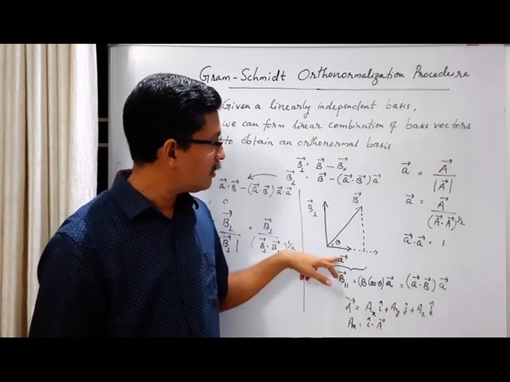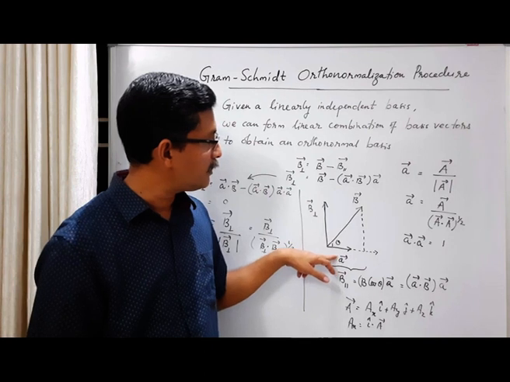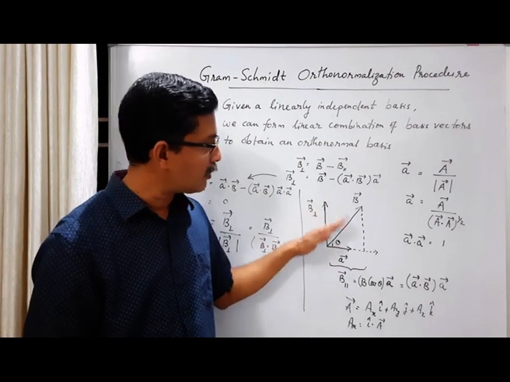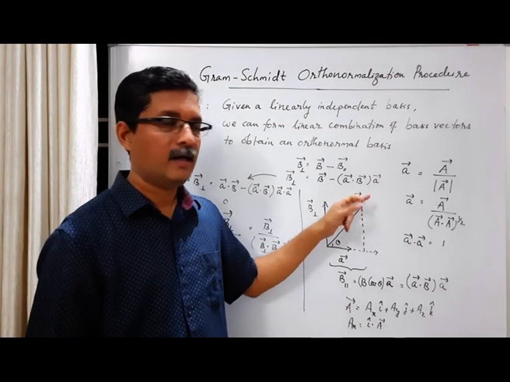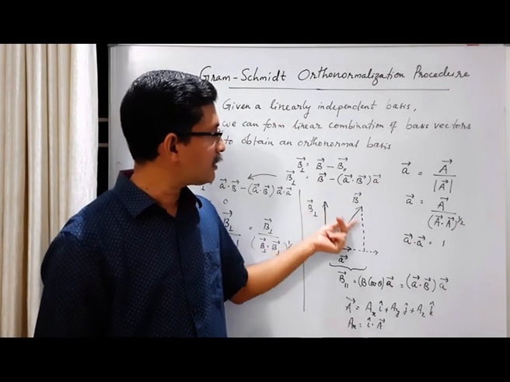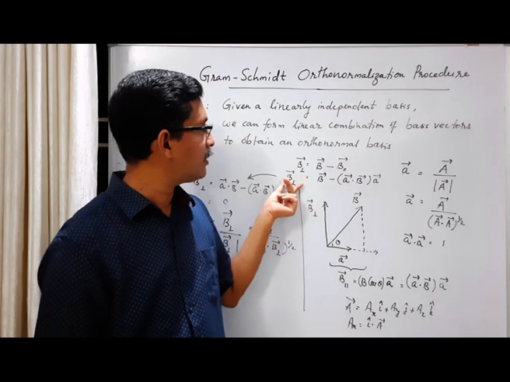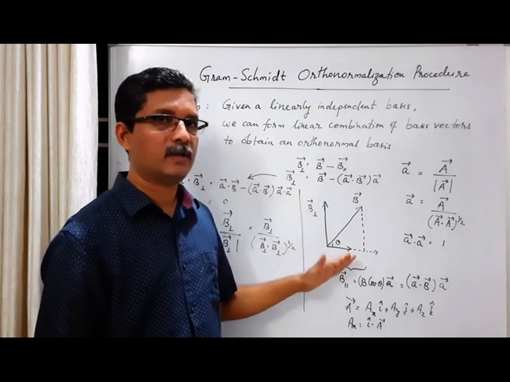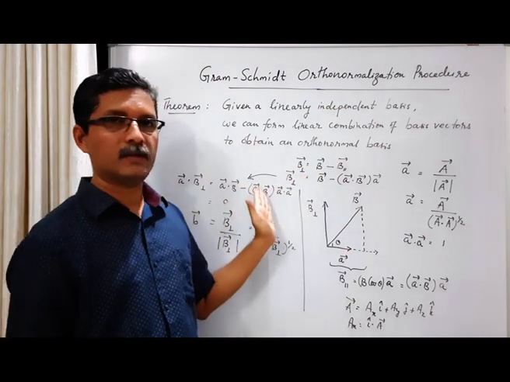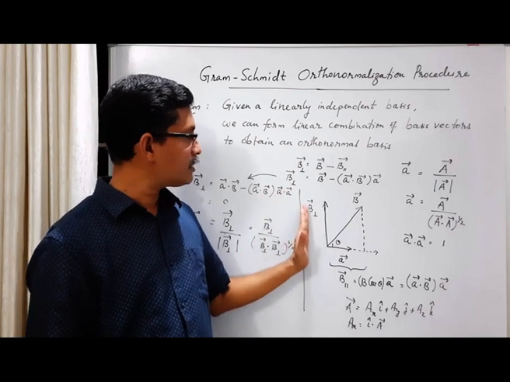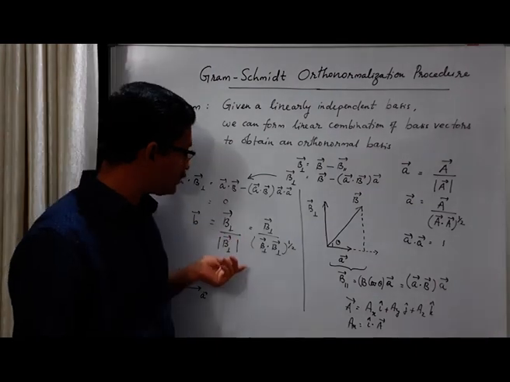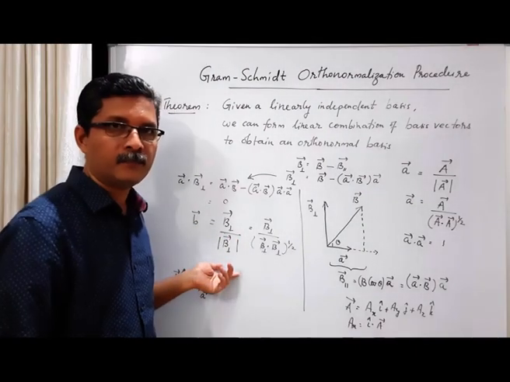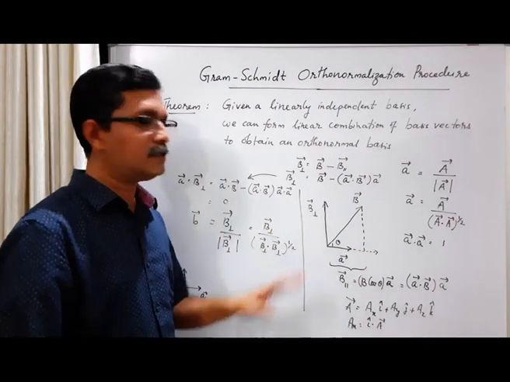You have to take the dot product between the first vector and the second vector. Then you will get the component along this direction, A dot B along the direction A. Then from the original vector B, you subtract this part, you get the remaining part which is perpendicular to A. You can check that it is perpendicular to A. And once you get this vector which is perpendicular to A, you have to normalize it. For that you just divide with its own magnitude. So this is a simple procedure. This is for two vectors.